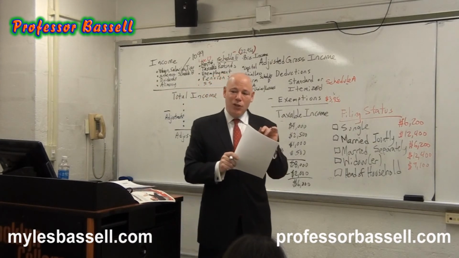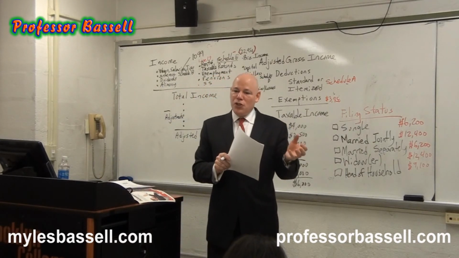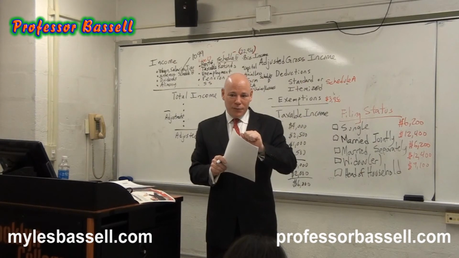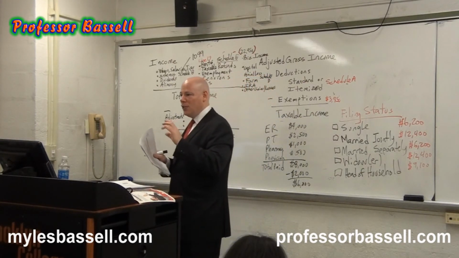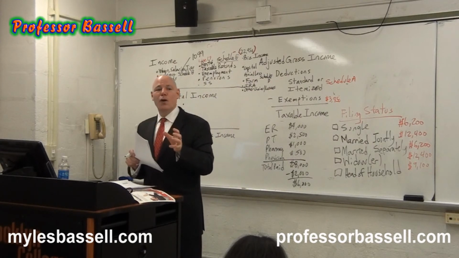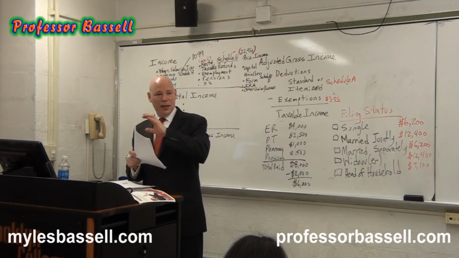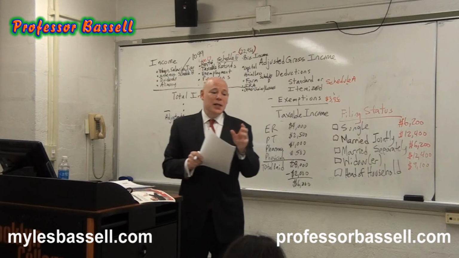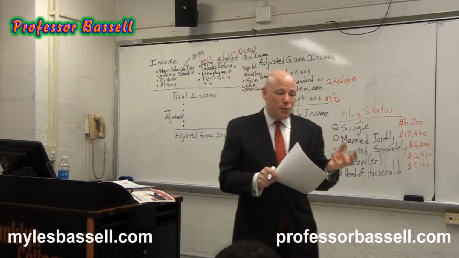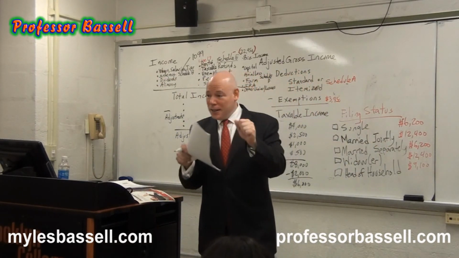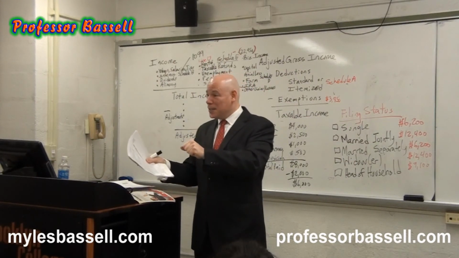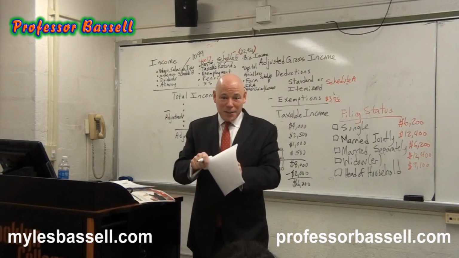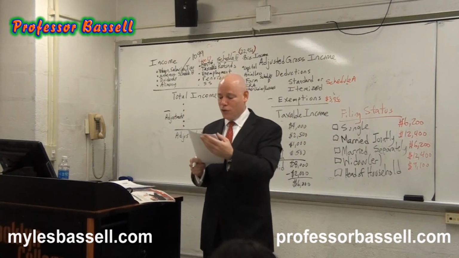Now it's 10%, which means the taxpayer pays the first 10% of AGI before they can deduct medical and dental expenses. So in other words, your qualifying medical and dental expenses need to be more than 10% of your AGI. So let's see how that works.